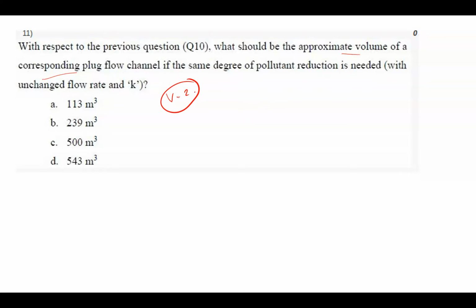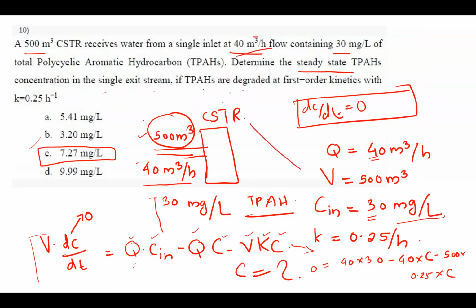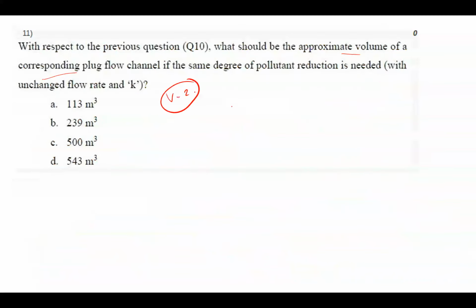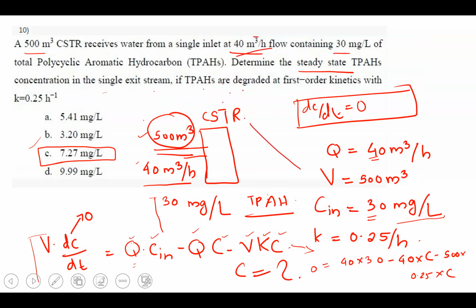If you know the question, you can start solving it. Here we have to consider the previous question values. The final concentration of the pollutant that we calculated was 7.27 milligram per liter in the final exit stream.